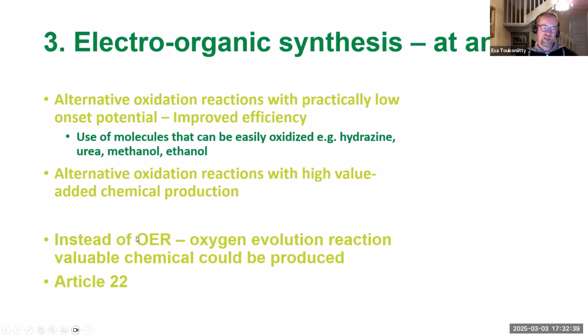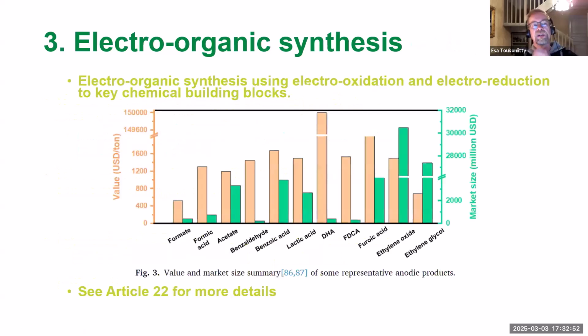Instead of producing oxygen at the anode, which doesn't have very high value, you can produce other chemicals. Here's a long list of different hydrocarbons.